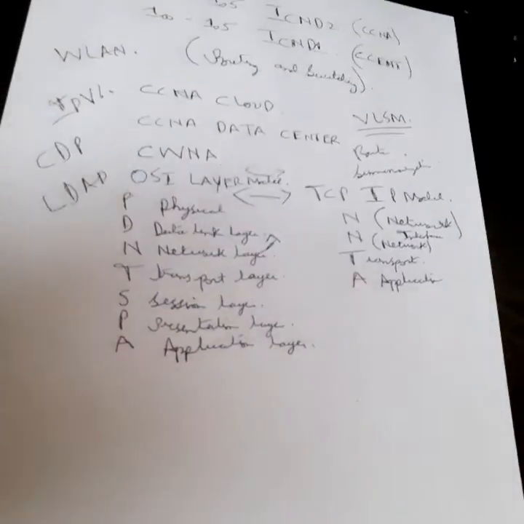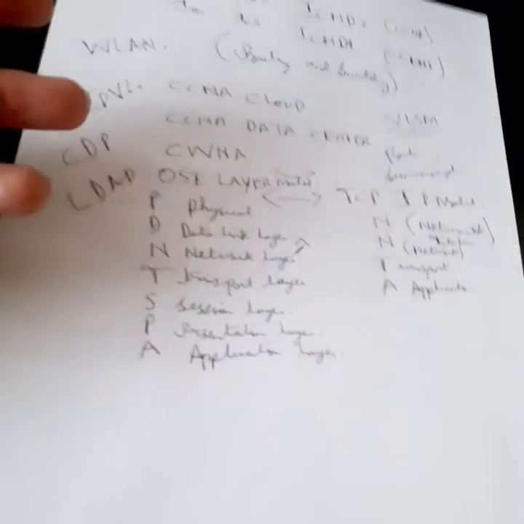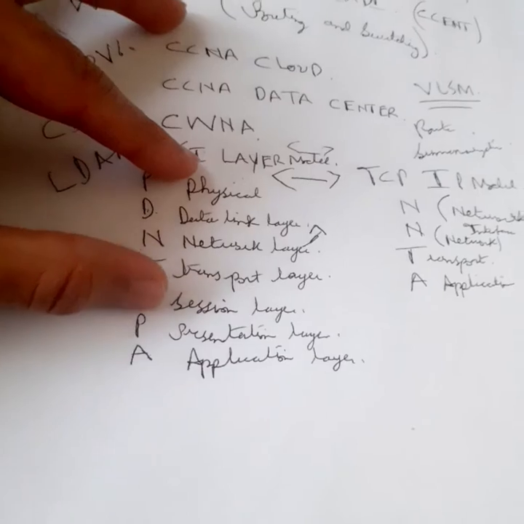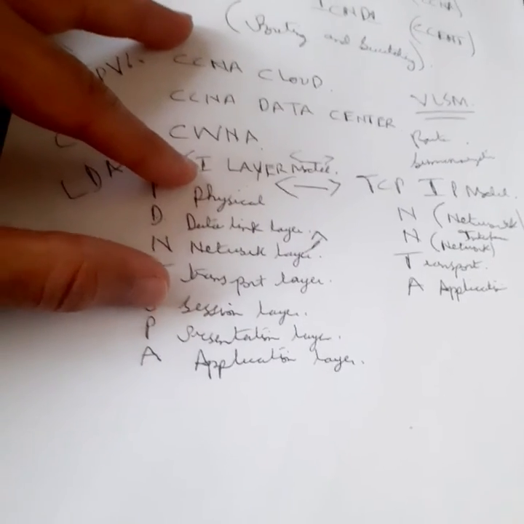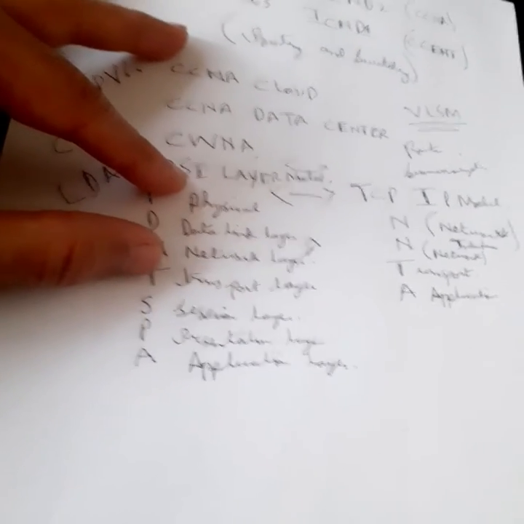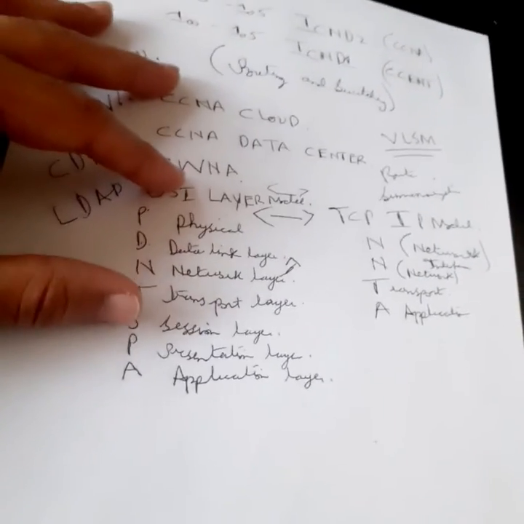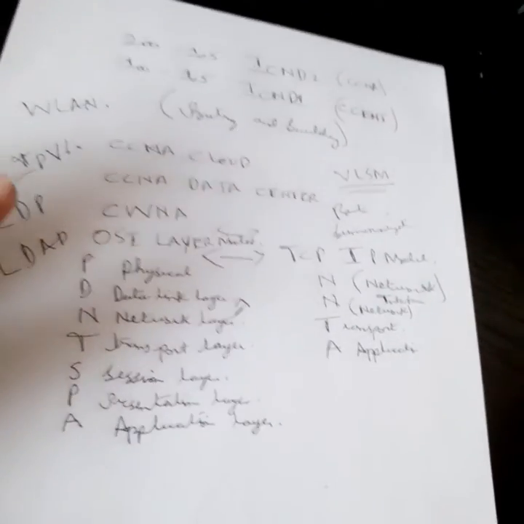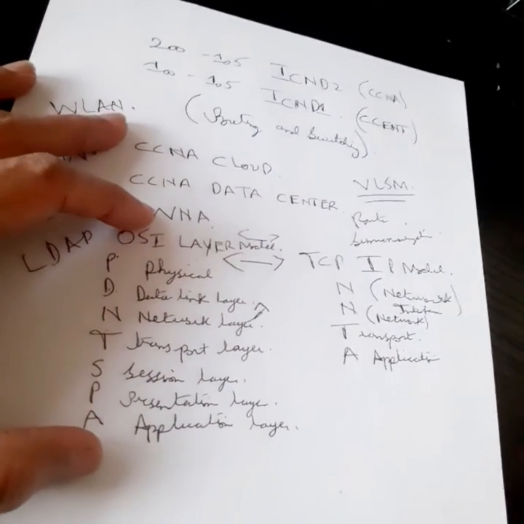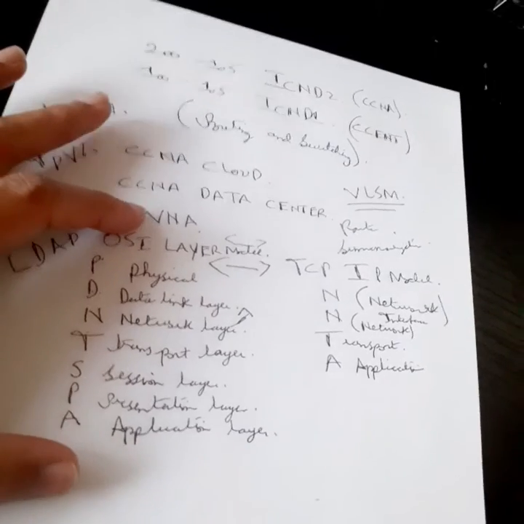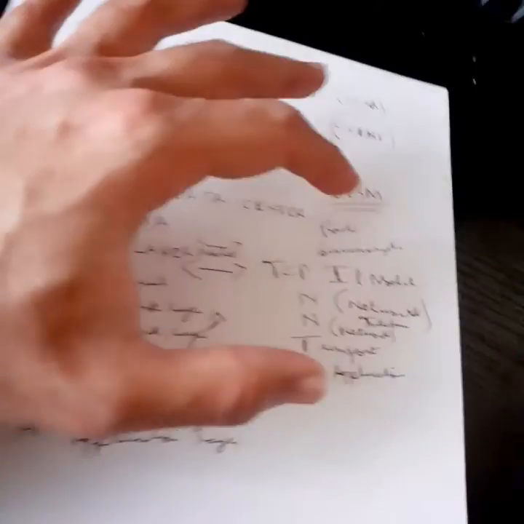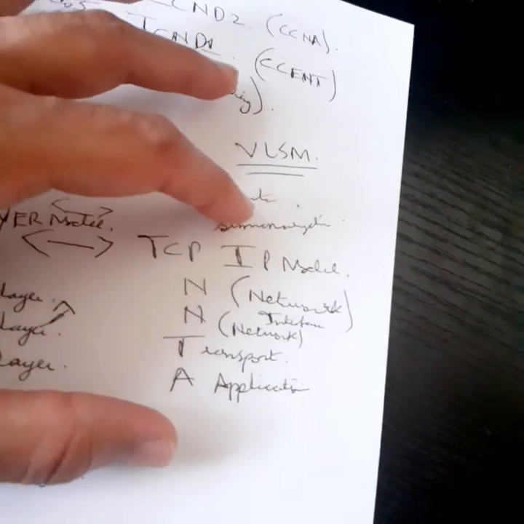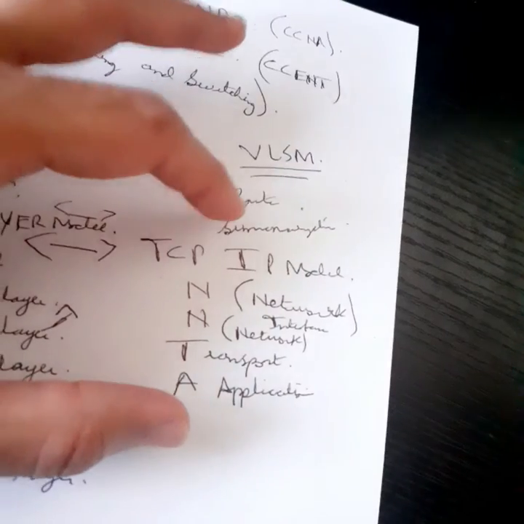A lot of people who are at entry level will stay in these four layers: transport, network, data link, and physical, and maybe if they get really lucky, they'll work in the other layers as well. That's a really old model called the OSI layer model. The new one, ladies and gents, is called the TCP/IP model.